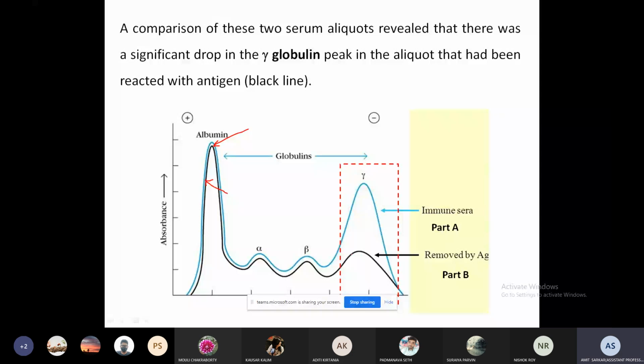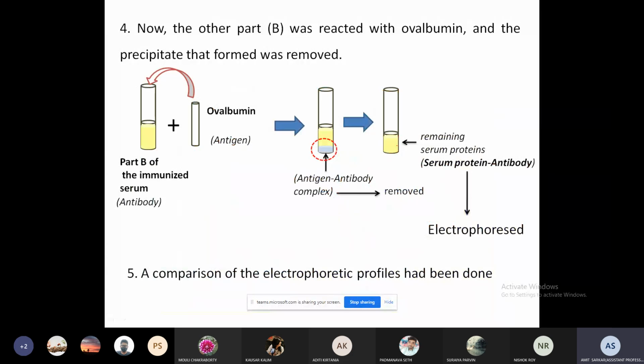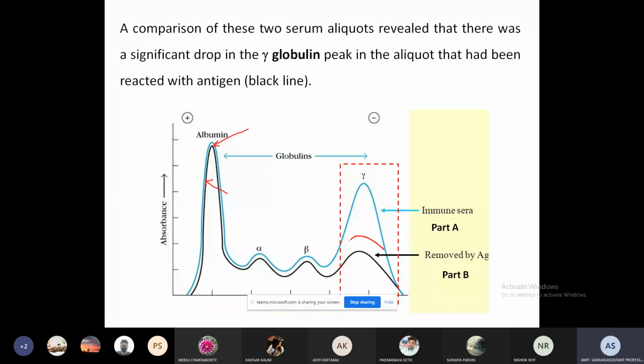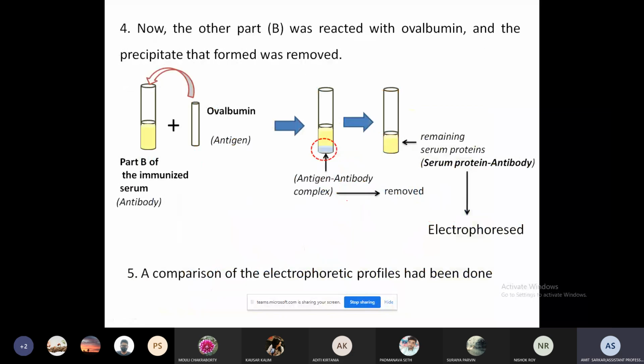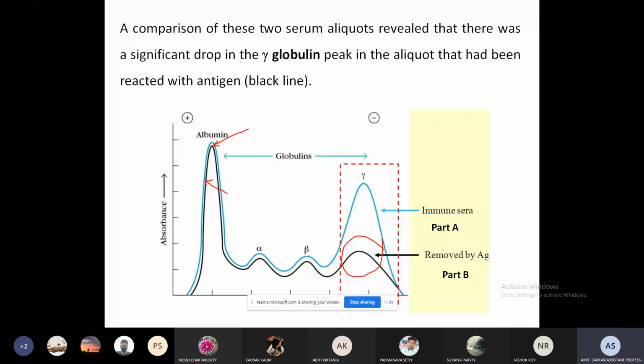So we have seen the removal by antigen; you have removed the antibody from the system. What does this signify? It clearly signifies that what is reacting as antibody with the ovalbumin antigen in part B is nothing but gamma globulin.